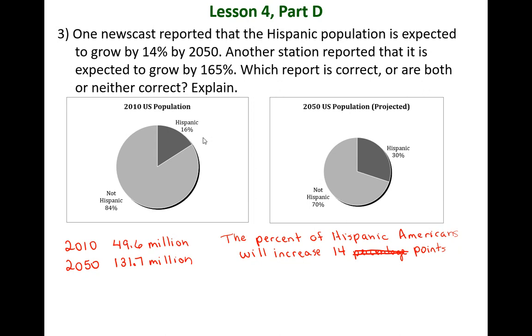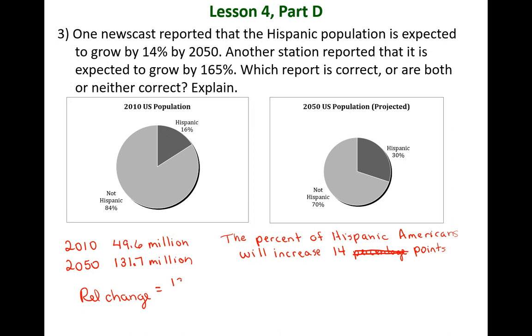If we want to know what the percentage changes for the Hispanic population, we need to go back and do the actual numbers and do a relative change. So the relative change is always the final amount minus the beginning amount.